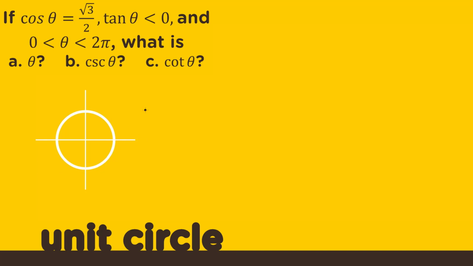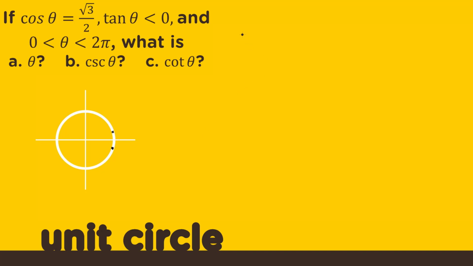We know that our cosine is square root of 3 over 2. That would mean it's closer to 1, so it's somewhere here or even here. So the terminal point of our theta is either here or that. But we can determine that by further verifying the conditions.